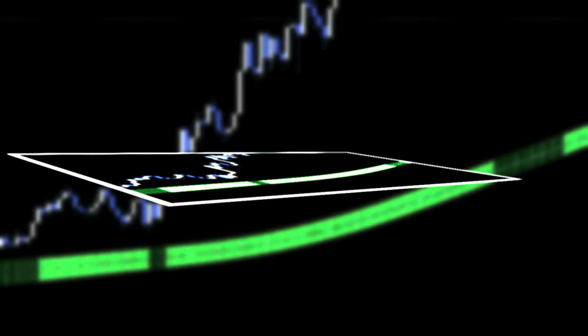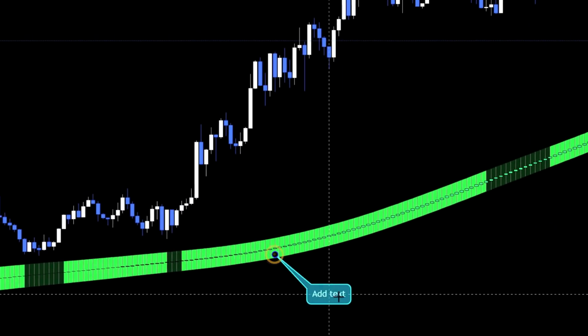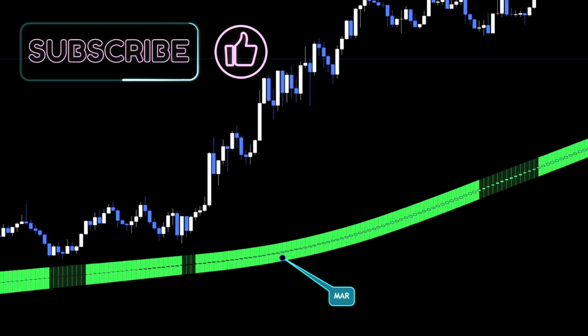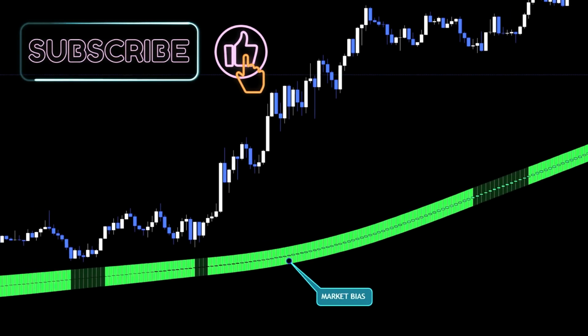Its only job is to give us a dead simple visual read on the market direction. That's it. No complicated lines, no guesswork.